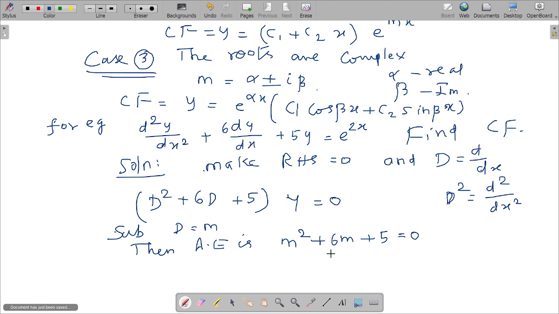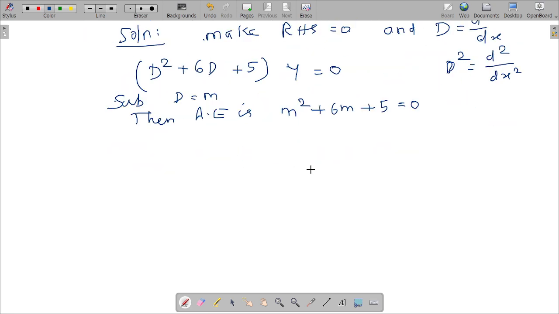So what are the values of m here? Multiplication is plus 5, and when you are adding these two numbers, we will get plus 6. What are the two numbers? Multiplication is 5, so 5 and 1 are the two numbers.